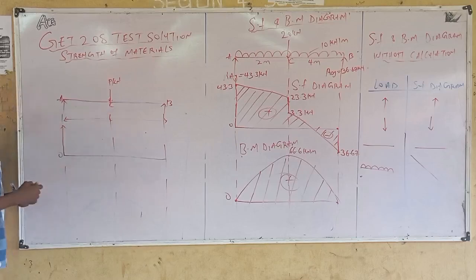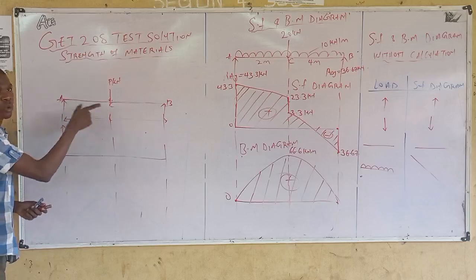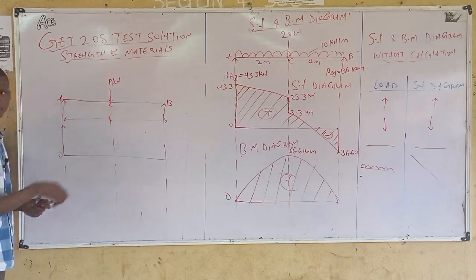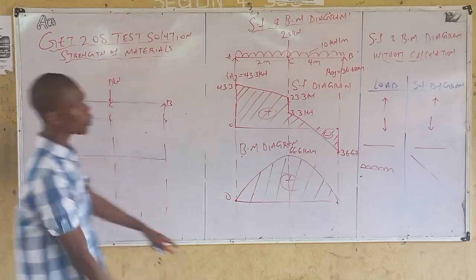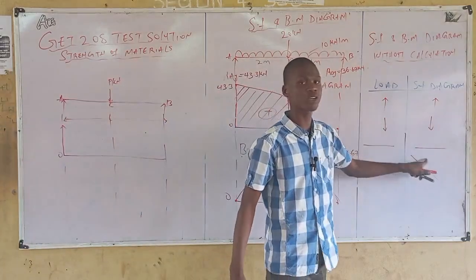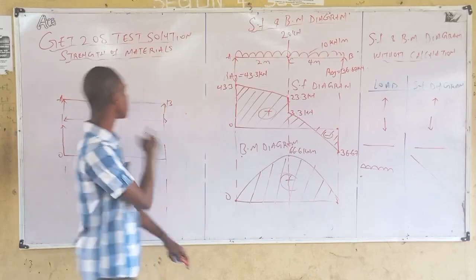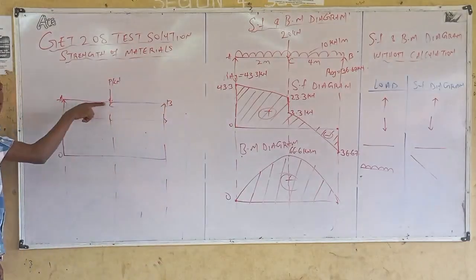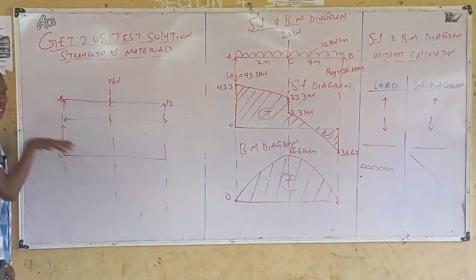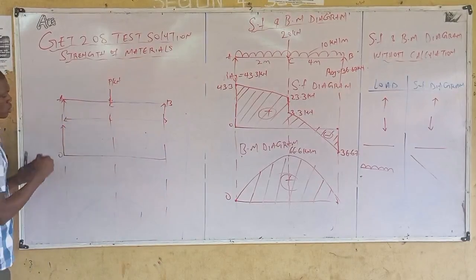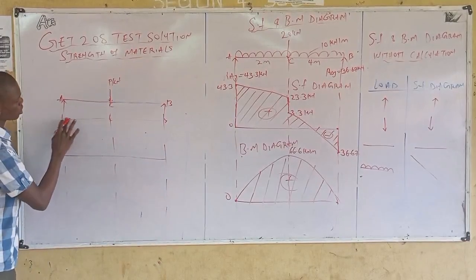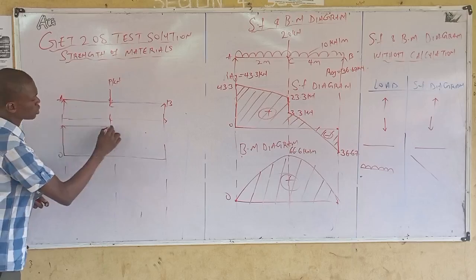From A to C, what am I having? A beam, or a line. If the load is a beam from A to C, it's still straight. Check, when your load is this, then you have your shear force to be this. So from A to C, I'm having my load to be a beam. What will the shear force be? Straight. Right?